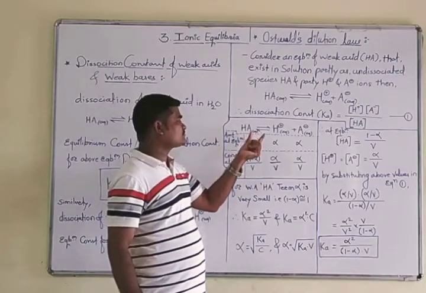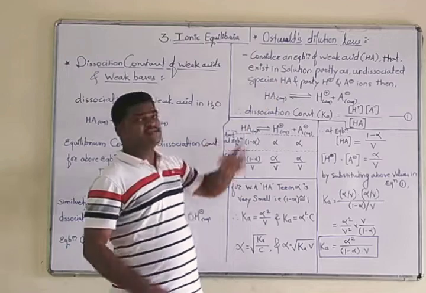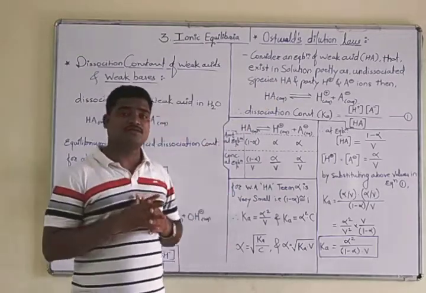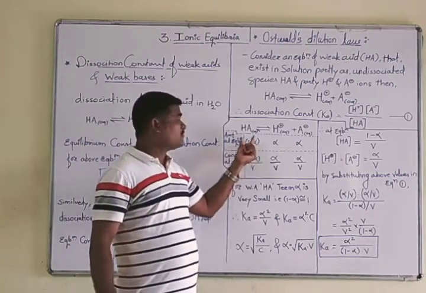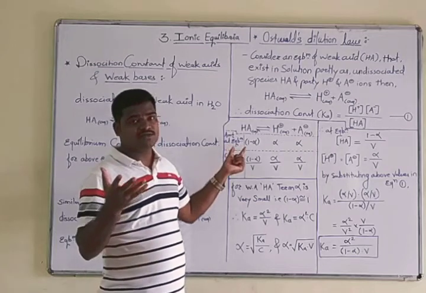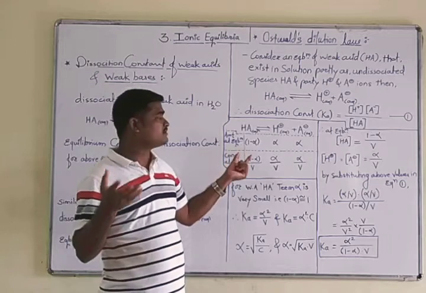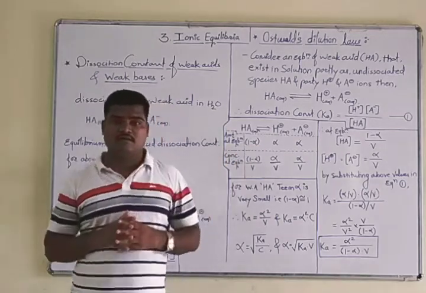Now look at this HA. As I said in this explanation, some fraction of reactant molecules remains as it is. How much remains at equilibrium we can determine with the help of this factor, 1 minus alpha.